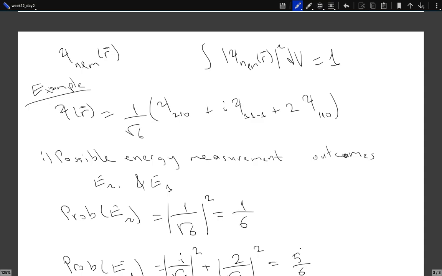That is what we said over here: E2 and E1. Here we have three terms. This will give an energy E2, this will give an energy E1, this will give an energy E1.